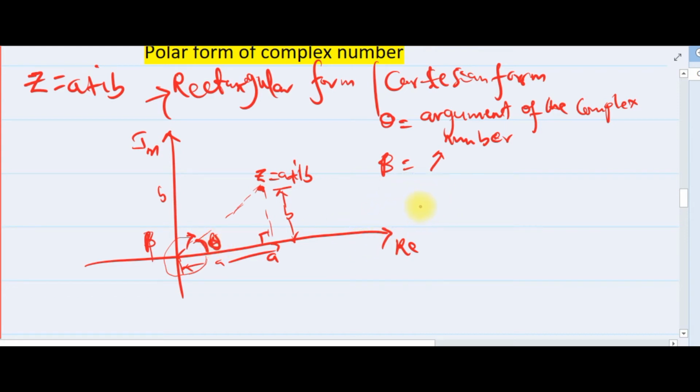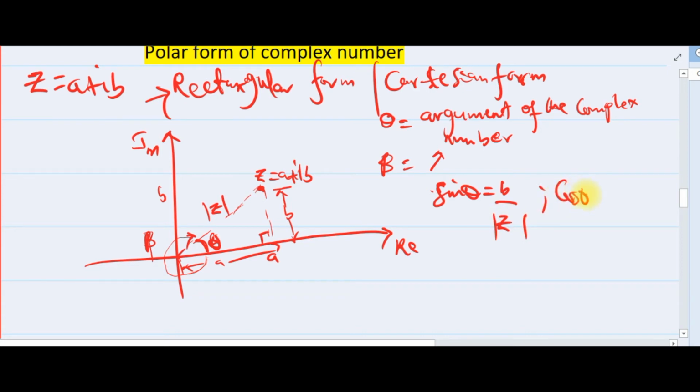From sine theta, which is opposite over hypotenuse, and remember our hypotenuse, let's use z bar, our modulus, to represent the hypotenuse. Opposite is b, so sine theta is b over z bar.